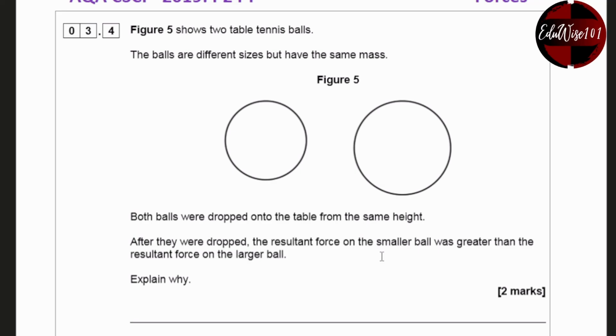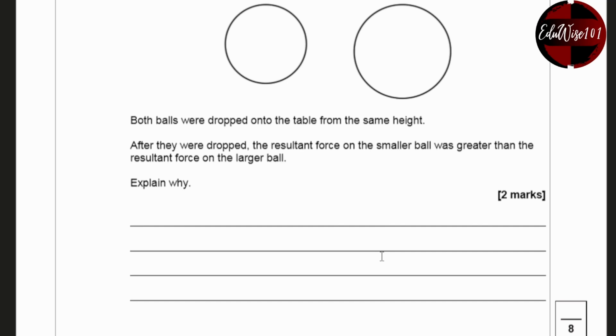Explain why. Now, why would the smaller ball have a bigger resultant force than this?